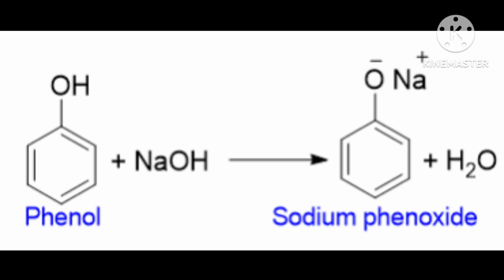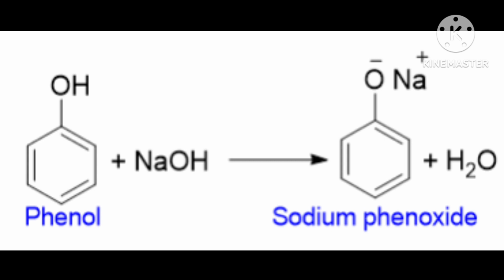A strong oxidizing agent, such as acidified potassium permanganate, is used for getting carboxylic acids from alcohols directly.